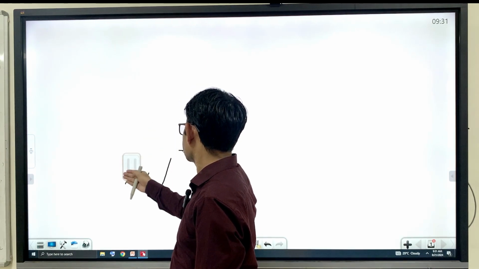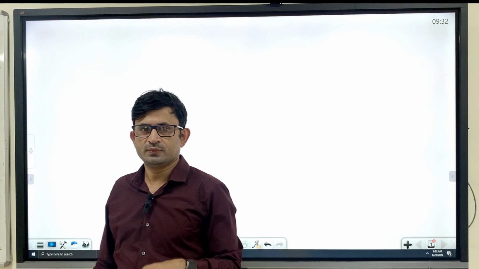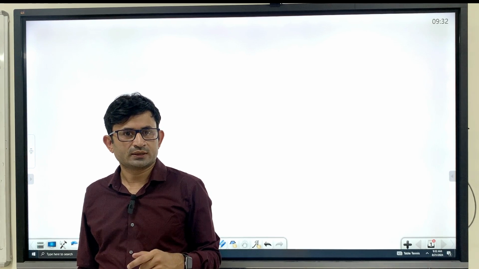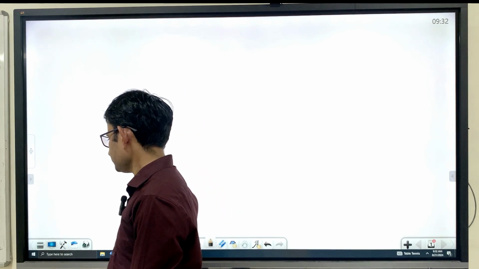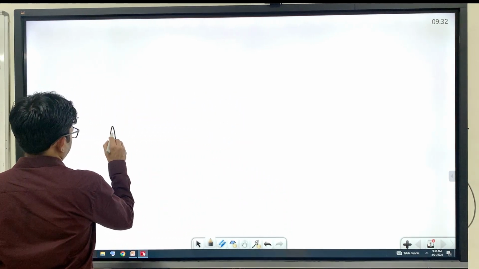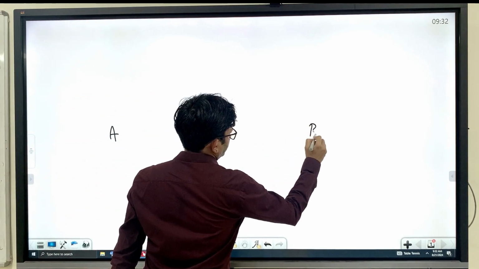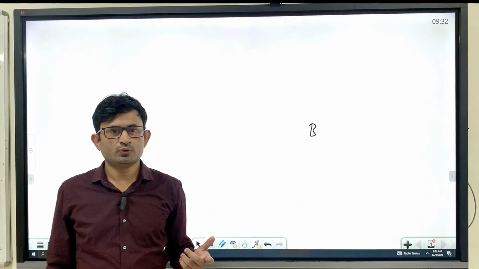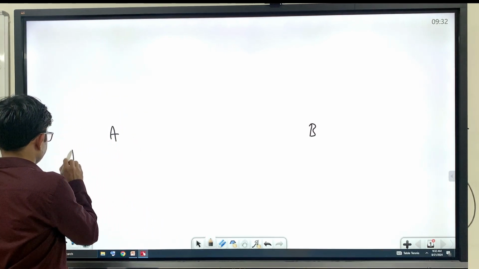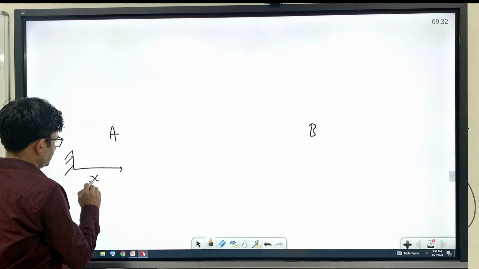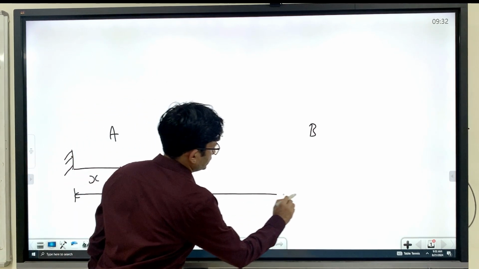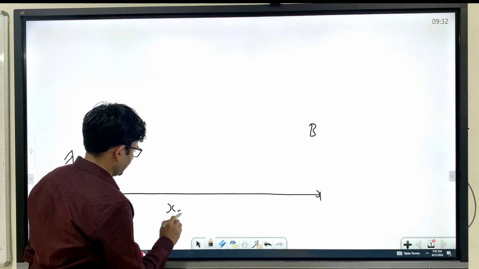So now the question is, what does P generally do, what does I do, and what does D do? For example, let's say I want to move from point A to point B. So now you will estimate the error between point A and point B. Let's say the reference is this, this is your current state, and XC is commanded.